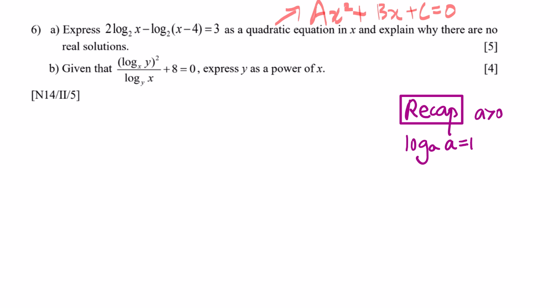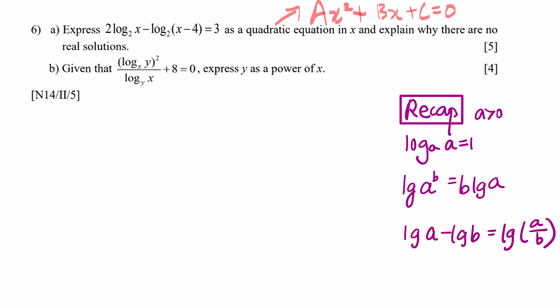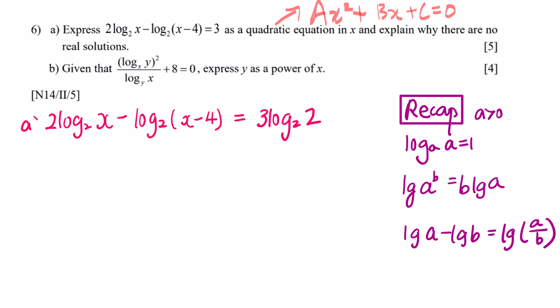So let's express it as a quadratic equation first. Let's recap with all the logarithmic laws. The first step, you see that we are very lucky because the bases that we have here are all base 2. So there's no need to apply change of base here.